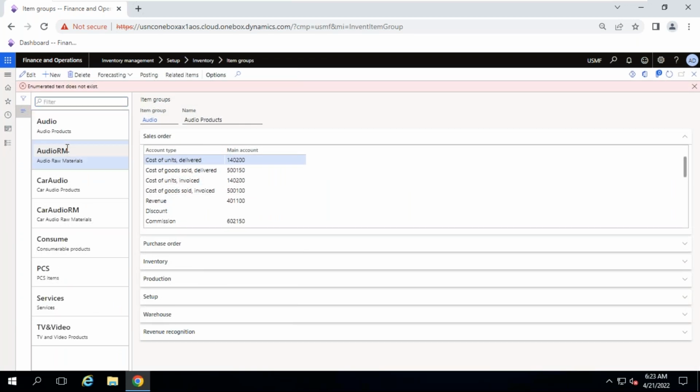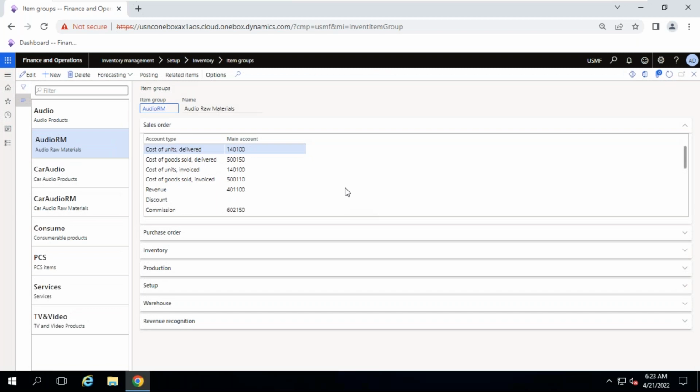Okay, here there are so many. This is a technical error. It is not for you. Microsoft has given that error intentionally to resolve technical issues. Don't bother about that one.